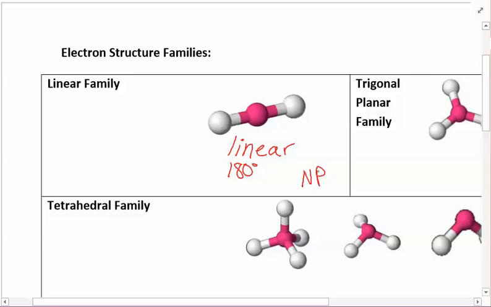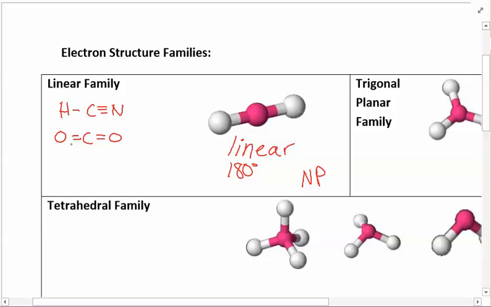Remember, polarity has to do with the electron distribution. Taking a look at this atom, it's going to be nonpolar because the electrons are going to be shared equally. If you think back to last class when we were talking about polarity, symmetry also plays a role, but it's more the symmetry of the molecule. So let's say we had HCN versus CO2.